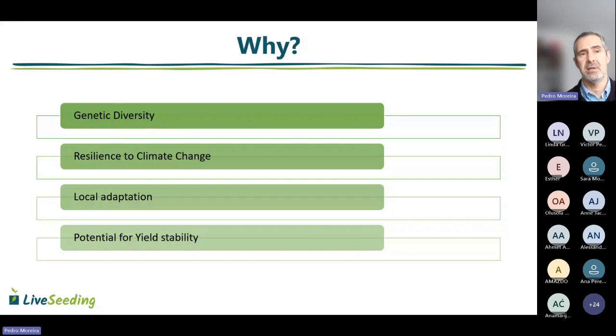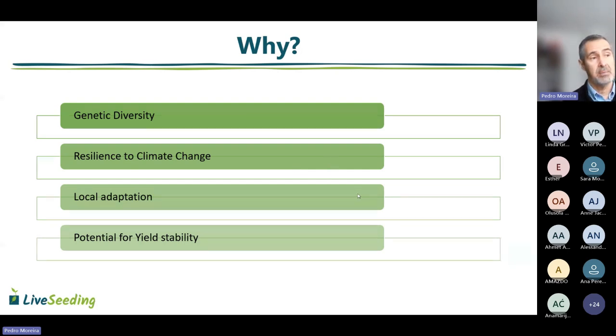It doesn't mean that it produces higher, but it was stable across several places because it has in its composition several populations from those places also. So this is quite important, and this is why we can use these CCPs, especially in organic, where we need this more local adaptation. The CCPs can be a nice, important solution.